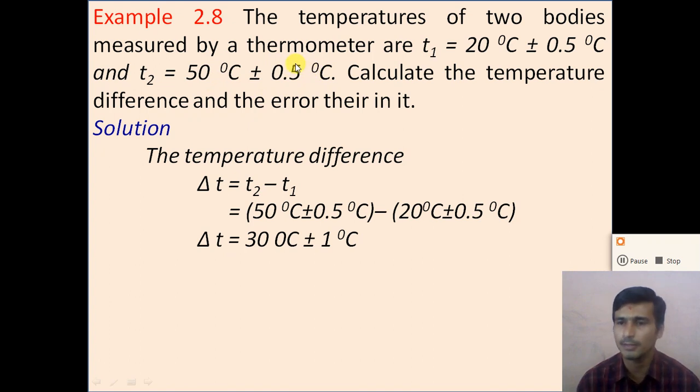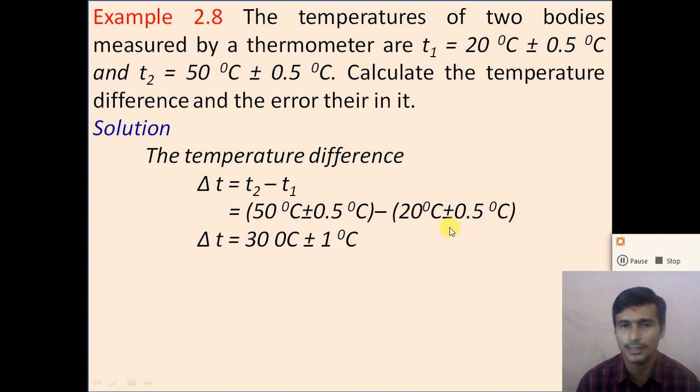Now what will be the temperature difference, right? So the temperature difference delta T is equal to T2 minus T1. So here T2 is given to you as 50 degrees Celsius plus minus error 0.5 degrees Celsius, right? And minus T1 is 20 degrees Celsius plus minus error 0.5 degrees Celsius.